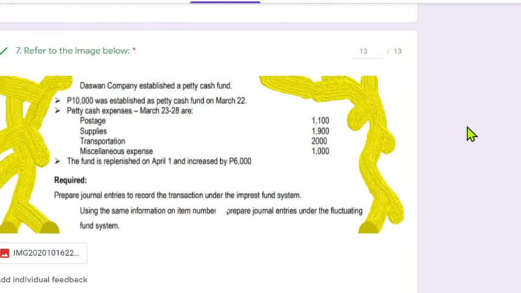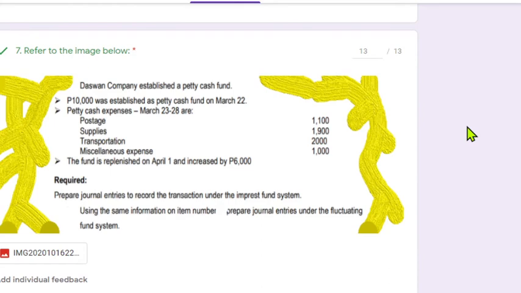Under the Imprest Fund System, what is the journal entry? There is no formal journal entry under the Imprest Fund System. Dahil petty expenses siya, wag mo na munang i-journalize at i-journalize mo na lang when you are replenishing the fund. So, no entry.